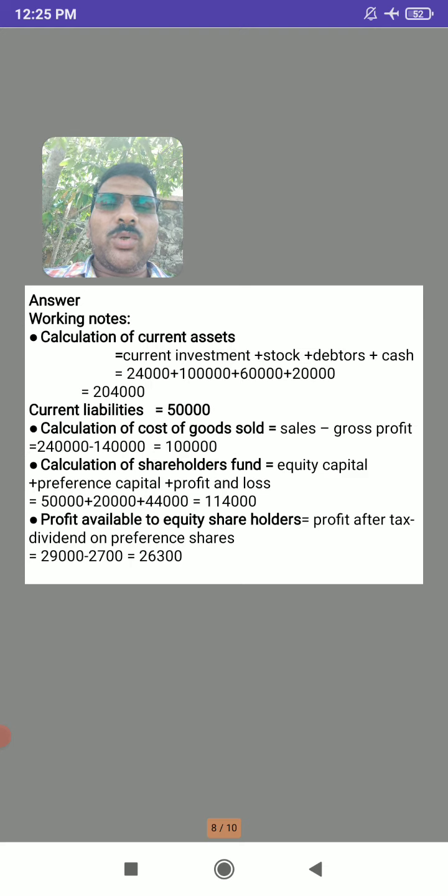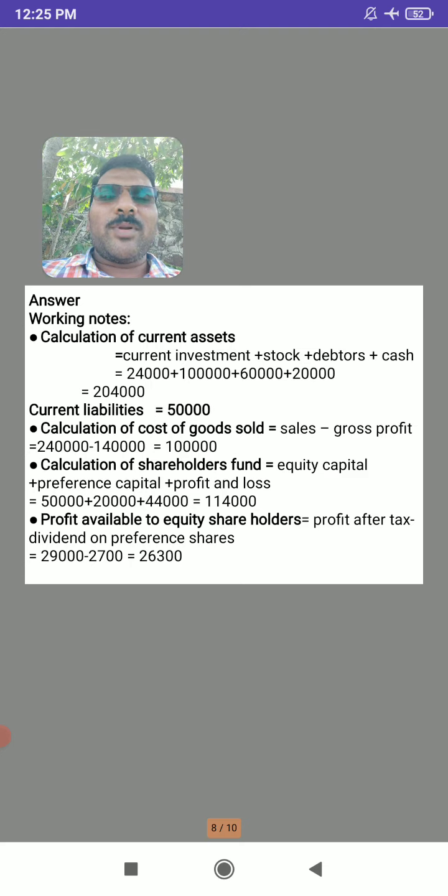I tried to express the financial ratio analysis in very simple language and a simple way, with the help of simple calculations, and also by taking simple problems after the theoretical aspect.